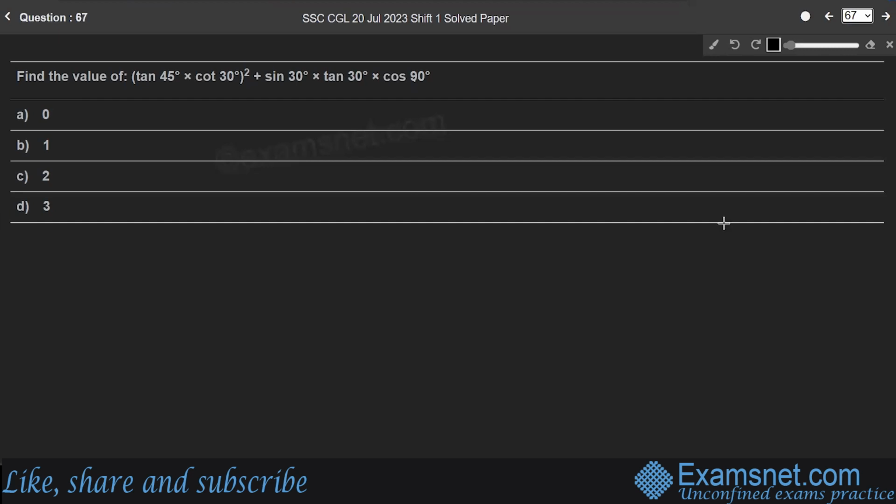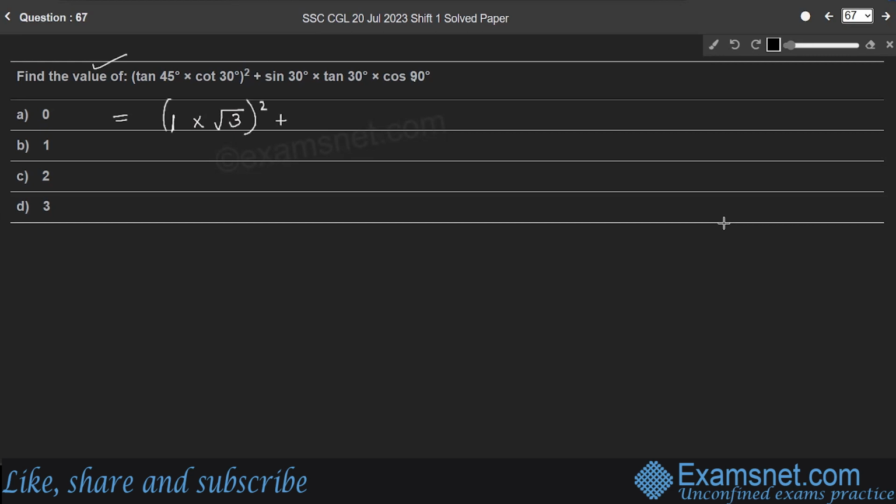Question 67. Find the value of the given expression. Here we are directly substituting the values: tan 45 into cot 30 the whole square plus sin 30 into tan 30 into cos 90. Tan 45 is 1 into cot 30. We know the value of cot 30, which is root 3, the whole square, plus sin 30.